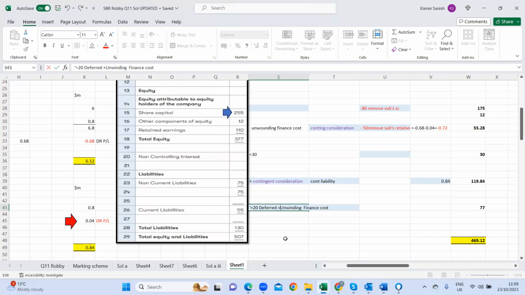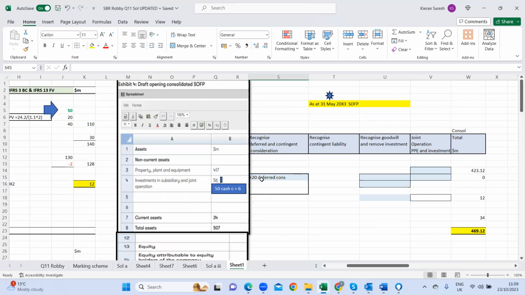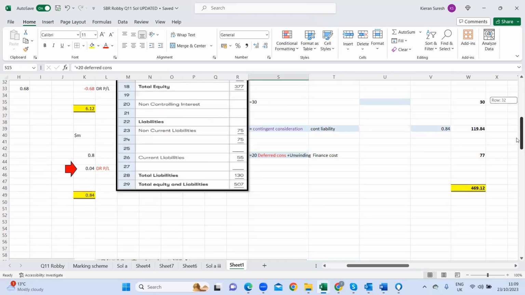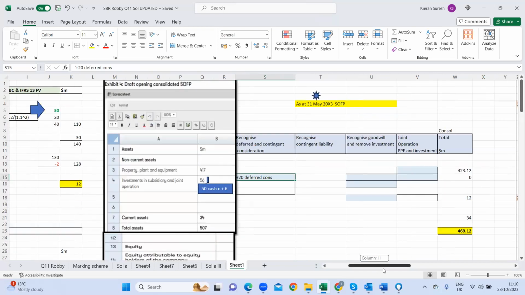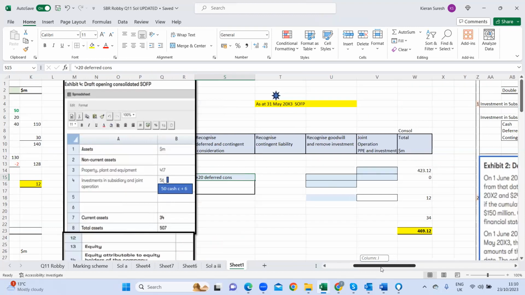I'll come back to the other consideration in a minute. I've recorded the 20 as deferred consideration, which is a current liability, due in 1 year's time, because we are at 31st of May now.